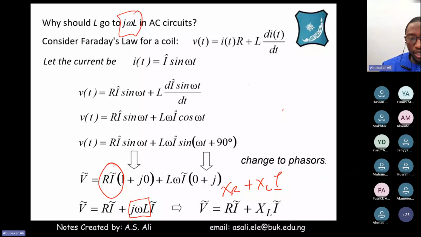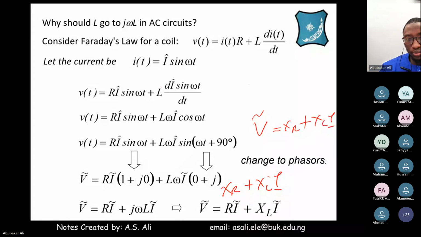So if you already know XL as j omega L, and you remember this equation that R is R, no difference, XR is the same thing as R, then you know that the voltage, according to Faraday's law of coil, is nothing but XR plus what? XL I. That clear? Yes, sir.